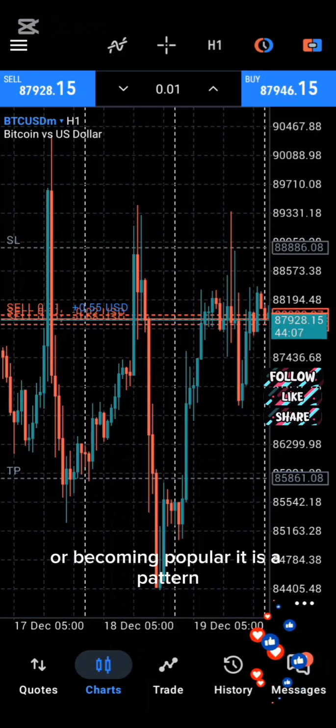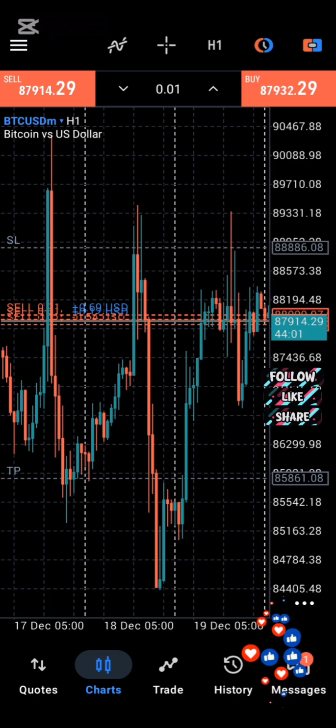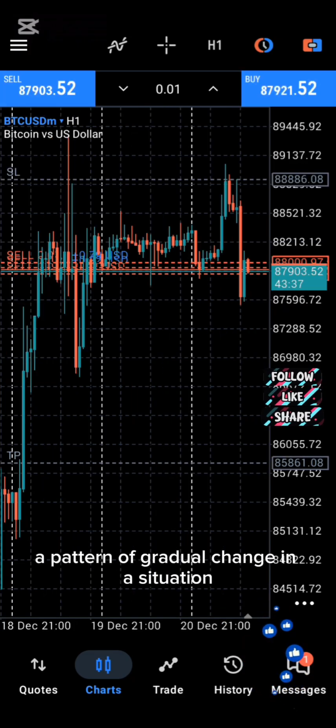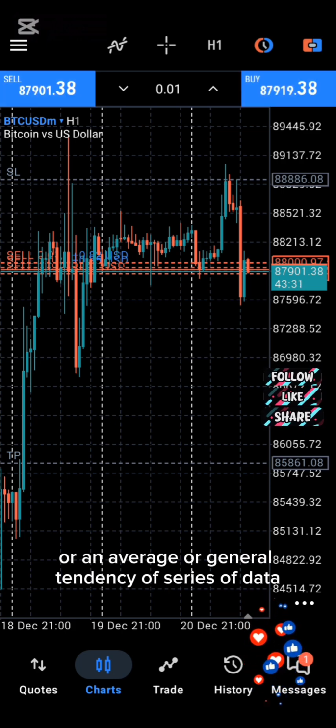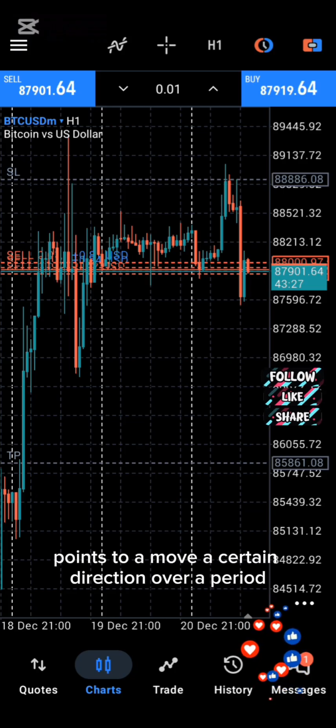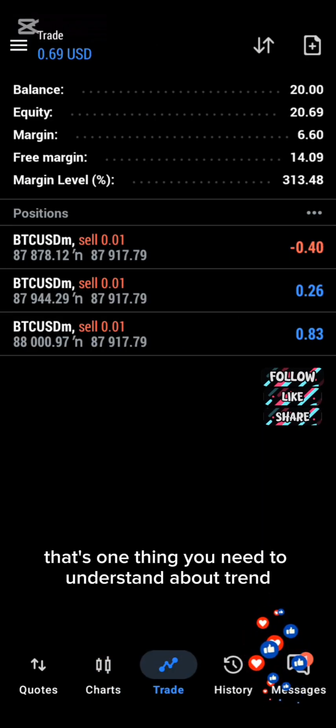It is a pattern of gradual change in a situation or output process, or an average or general tendency of a series of data points to move in a certain direction over a period of time. That's one thing you need to understand about trend.